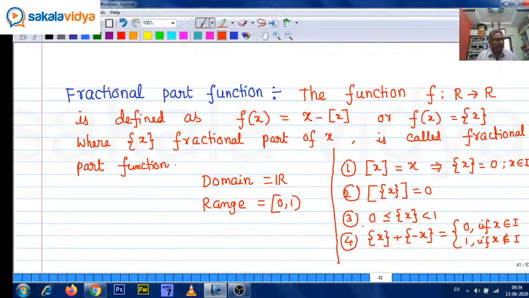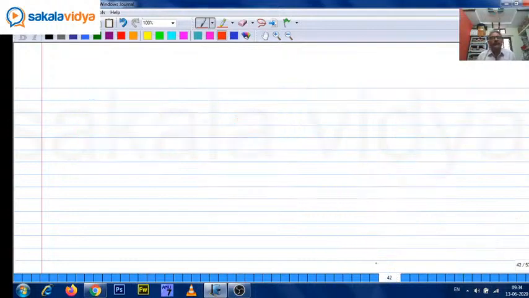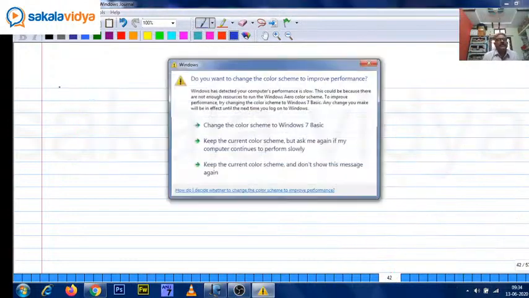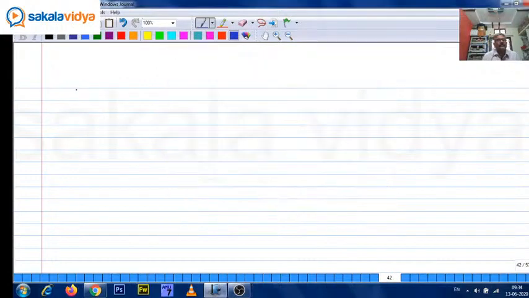Okay, next, signum function. This is called the signature function also.